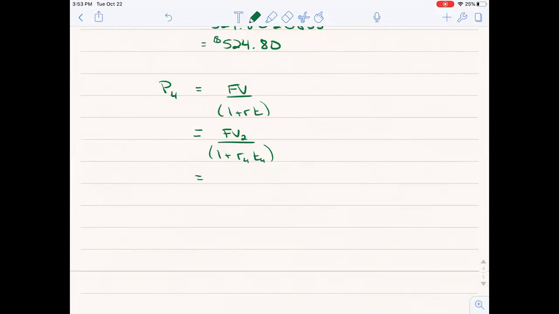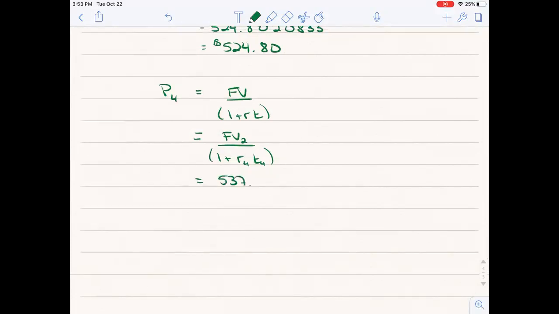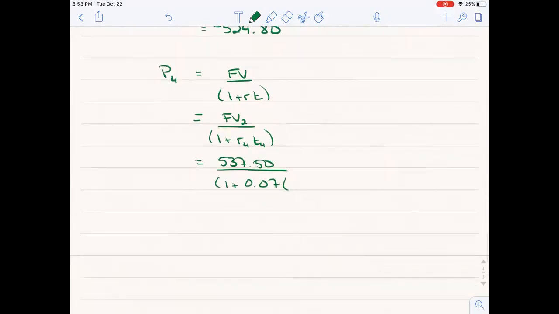Future value 2 was 537.50 over 1 plus 0.07, want to keep track of those rates, times T4, which was 3 over 12.